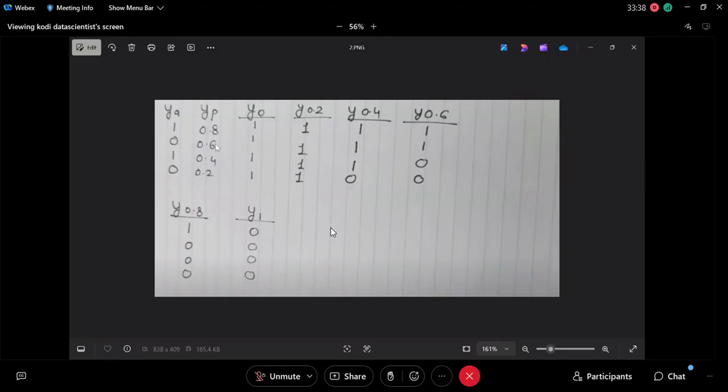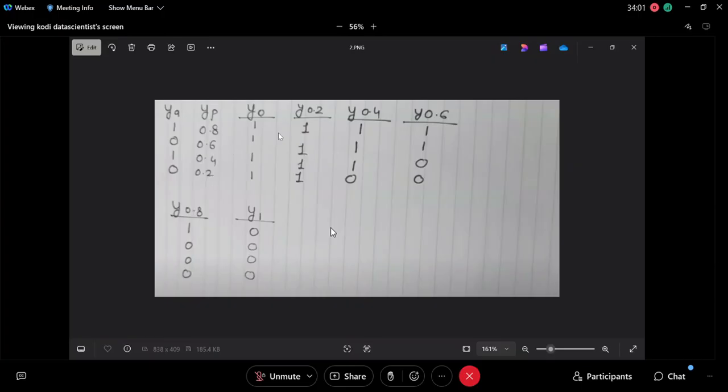The probability of prediction is 0.8. With logistic regression, you will get 0.8. 80% probability the student passes, 60% probability, we see the tickets, guys. 60% we book tickets and 60% fail. 40% is 1, 20% is 0. Do you understand now? Up to this, is it clear or not?